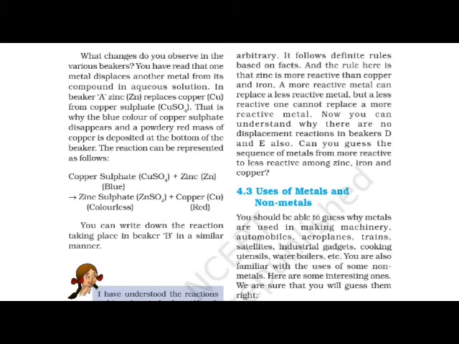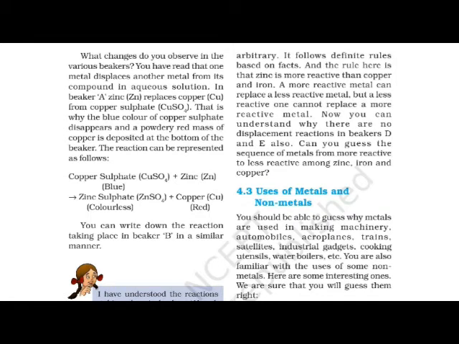As we have started the displacement reaction, we must know some of the basic things. In beakers A and B, the displacement reaction occurred, as we have discussed. But what about beakers C, D and E?